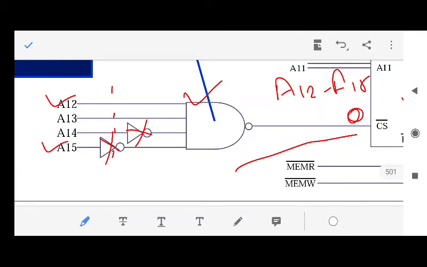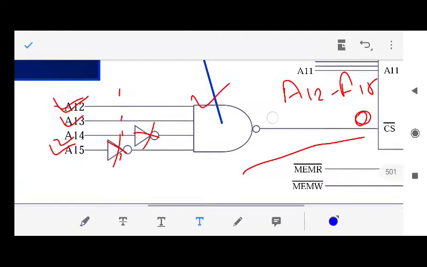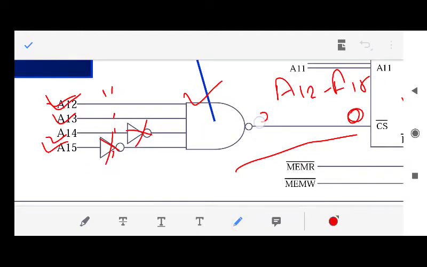So by selecting the appropriate address in the 8051, you can make these pins 1, and it will produce a 0 at the output of this NAND gate, and that will select this IC.